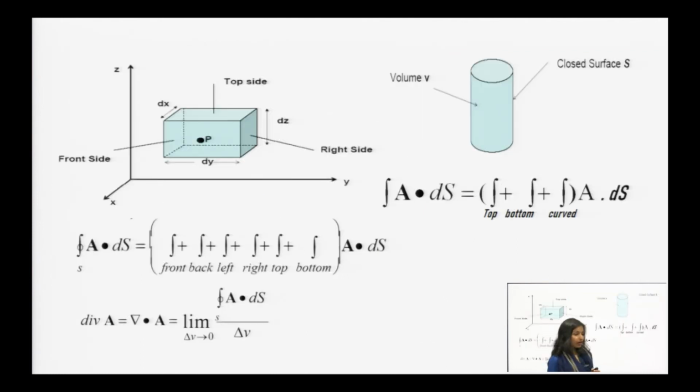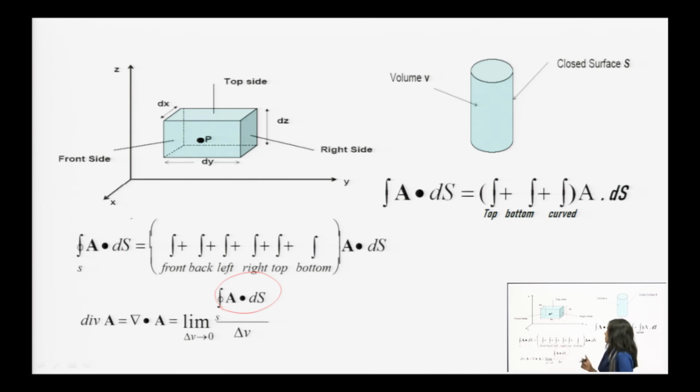Now we know that to find the divergence we need to know the total outward flux first, because the formula of divergence or mathematical expression of divergence can be defined as limit, this is the total flux per unit volume such that the volume tends to 0.